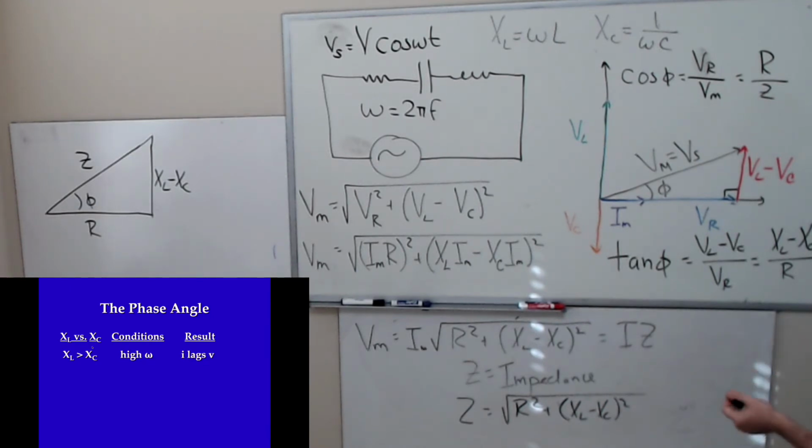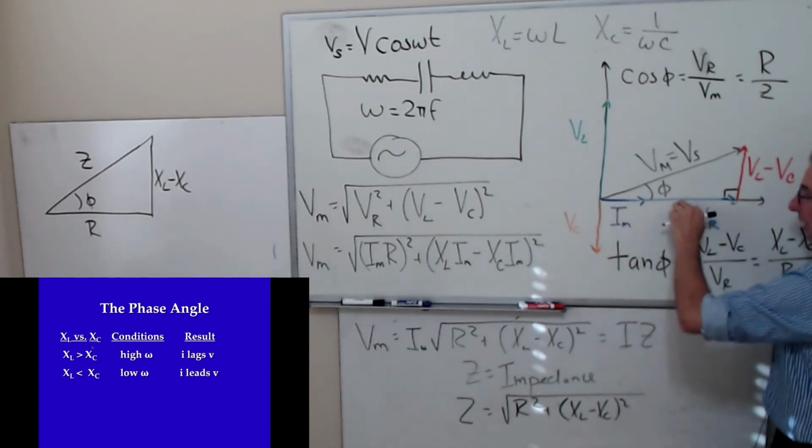And the current lags the voltage. Here's the current, here's the voltage. This vector is behind this vector. But if we're dealing with low frequencies, X sub C is bigger than X sub L, then the voltage will be behind the current.